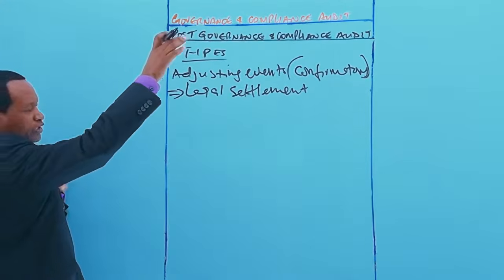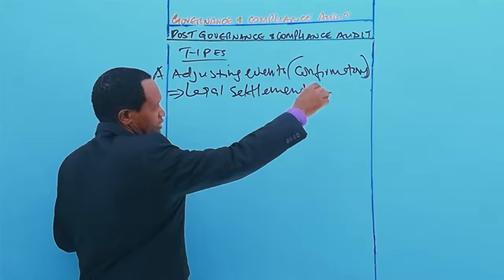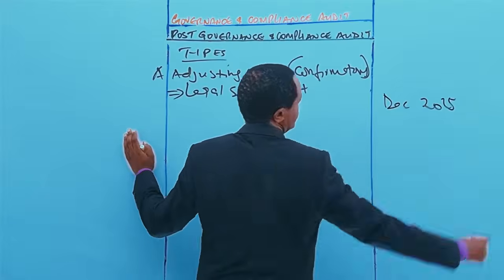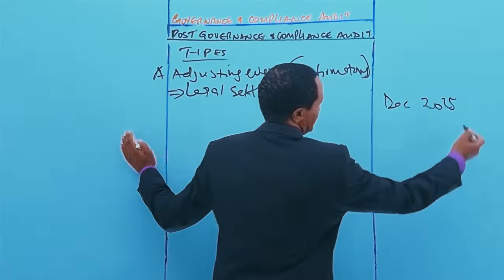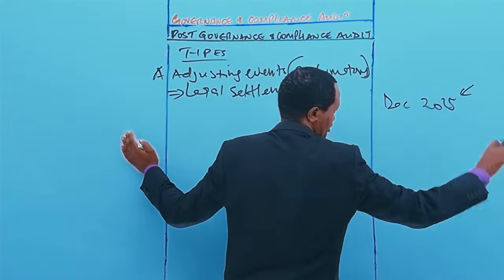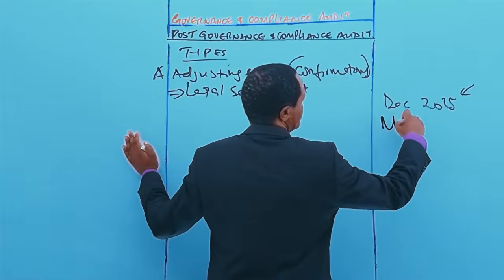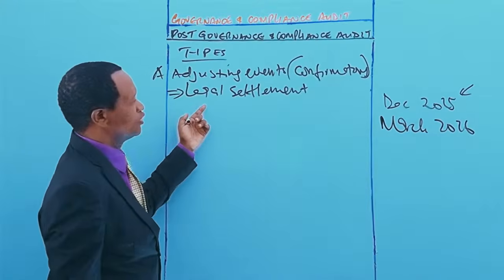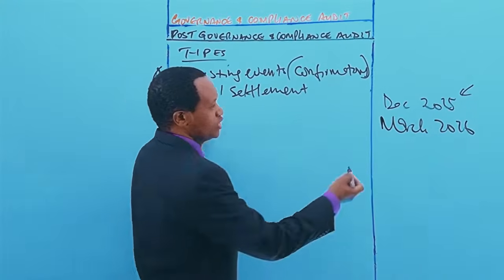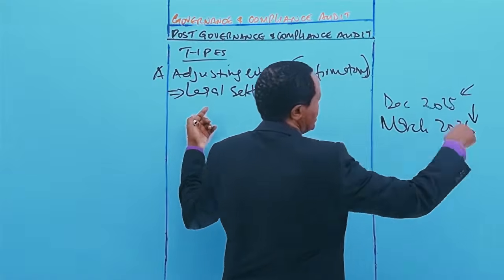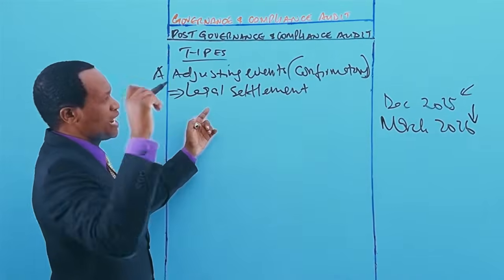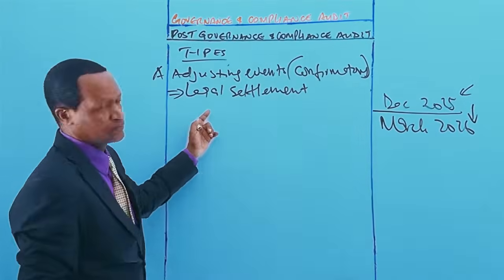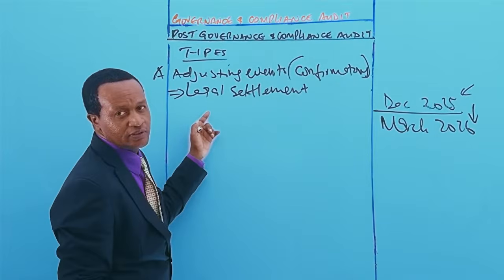So the audit period ends in, say, December 2025, but in March 2026, this legal settlement, the court ruling in 2026, is a subsequent event. This is an event that happens after the end of the audit period. Are you following, candidates? A legal settlement.